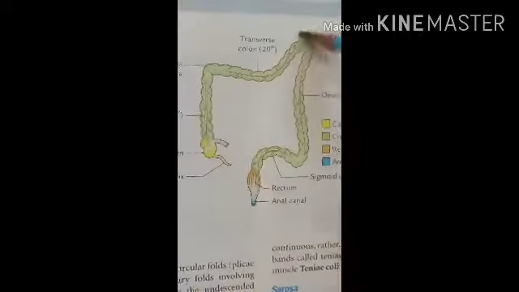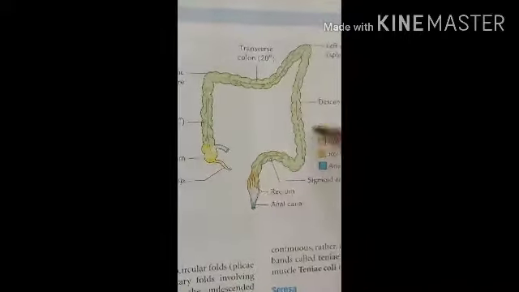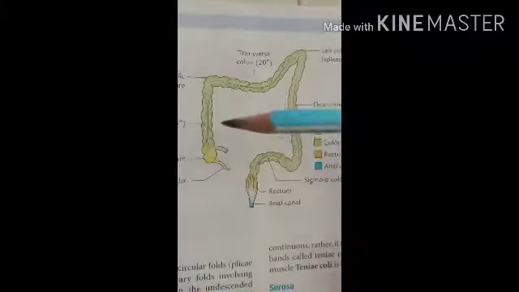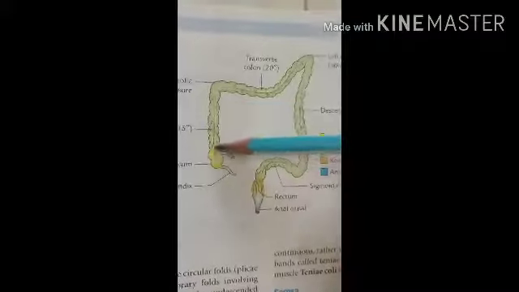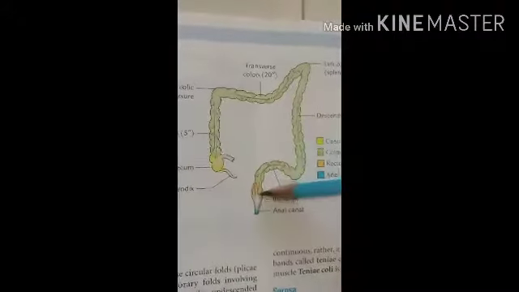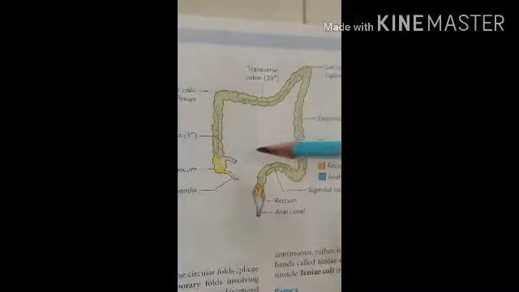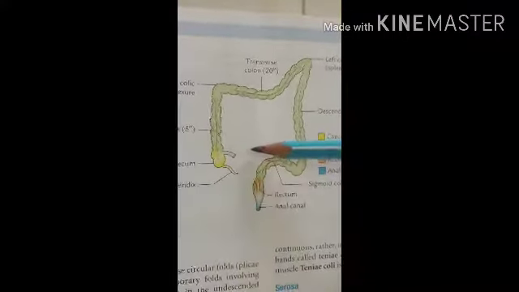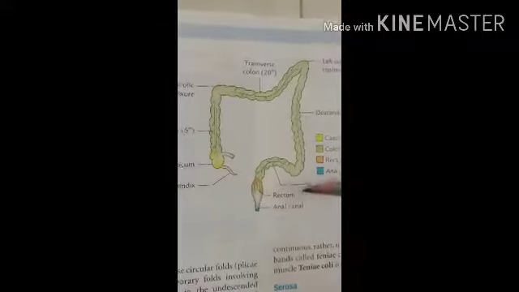So here you can see the large intestine. In Ayurveda, the large intestine is called the Bruhadantra. Its length, from the cecum to the anal canal, is about 1.5 meters, and it extends from the right iliac fossa to the anus in the perineum.